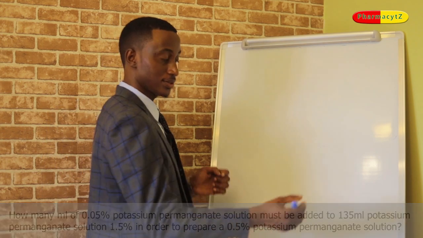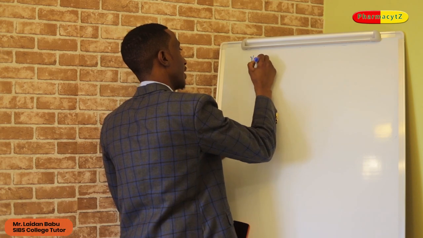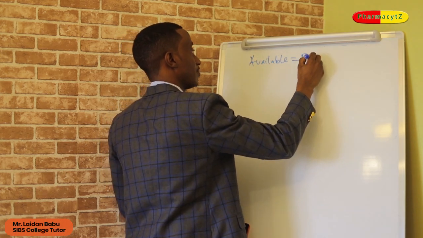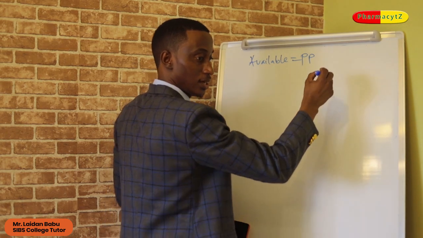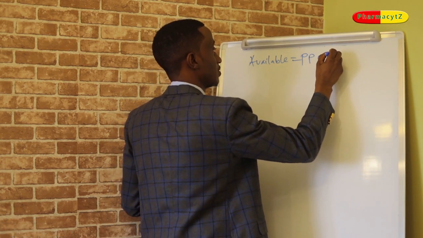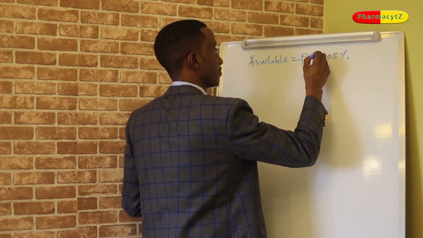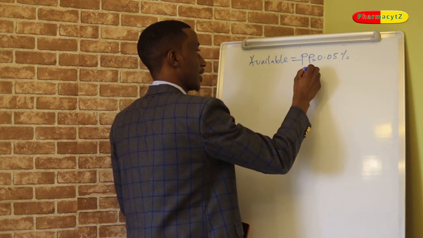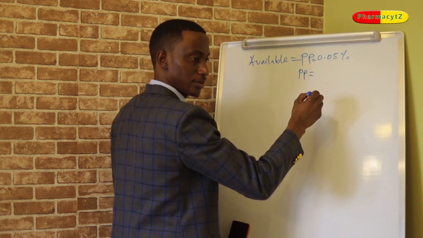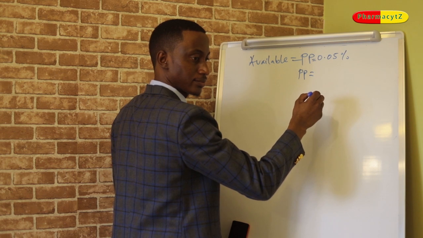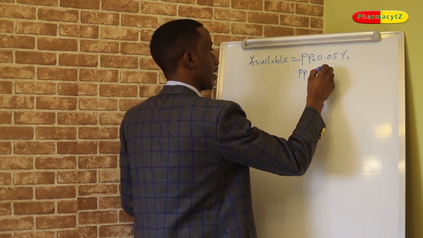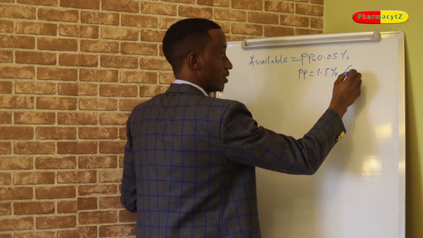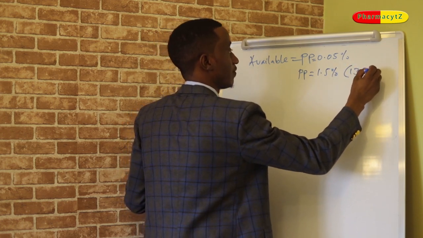So in the lab, what do we have available? We have potassium permanganate 0.05%. Then we have potassium permanganate 1.5% with the total amount of 135 mils.